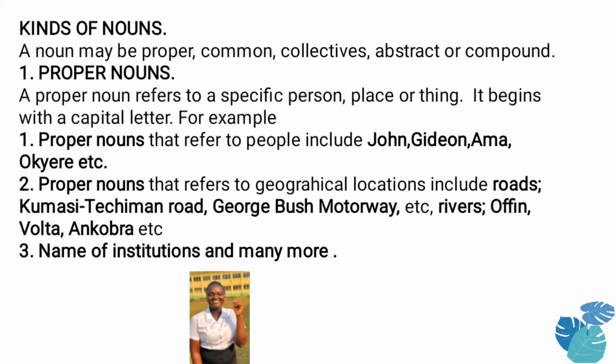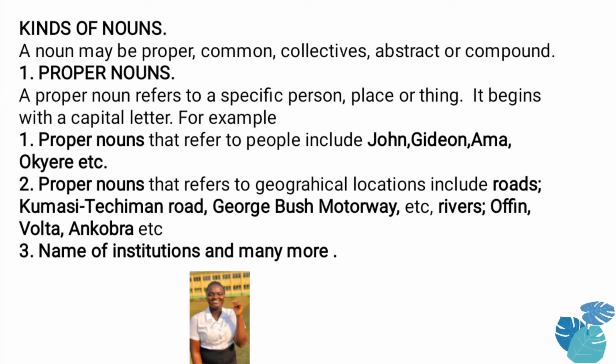We will start with proper nouns. A proper noun refers to a specific person, place, or thing. It begins with a capital letter. For example, proper nouns that refer to people include John, George, Gideon, Amma, Audrey, and many others.